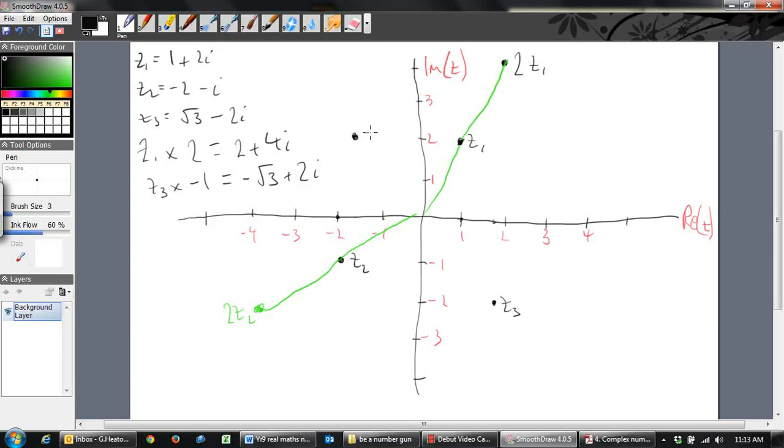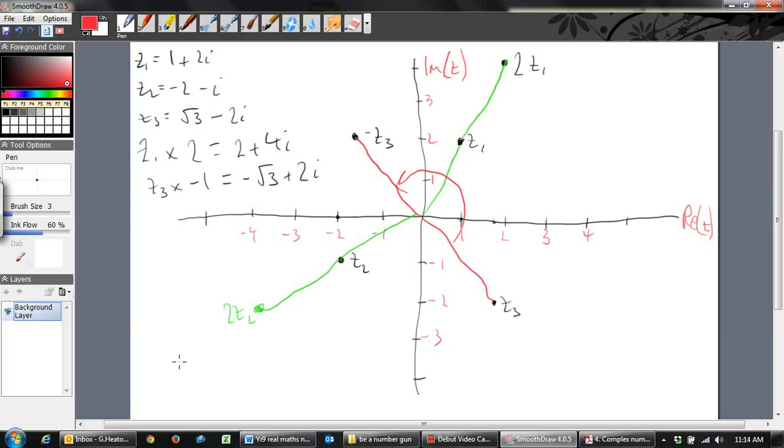So this is where -Z3 lives. So in fact, if you multiply a complex number by a negative number, then it actually reverses it. So there's our Z3. Negative Z3 sweeps around by 180 degrees around the Argand diagram.